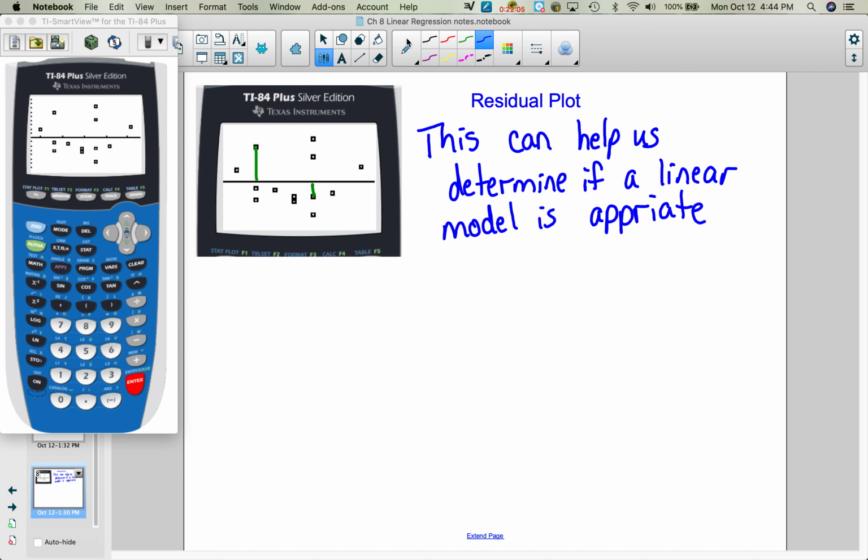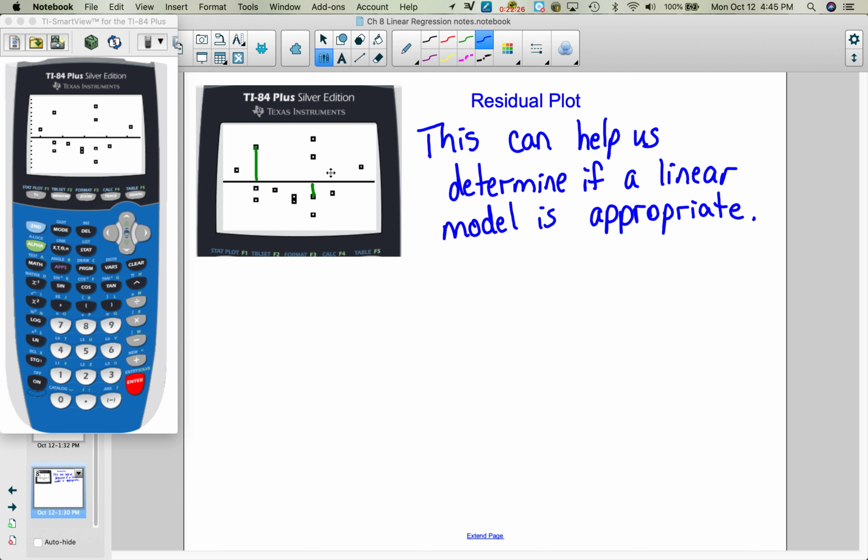Remember, before we could determine if we wanted to use r, we looked at the data. You can kind of look at the data and see if it appears linear. That was one thing: does the data appear to be straight enough? But sometimes there can be a very slight curve in the data, and a residual plot can help us see that.